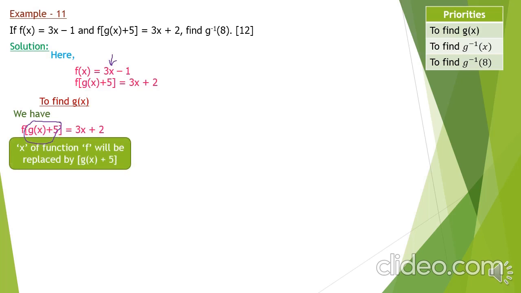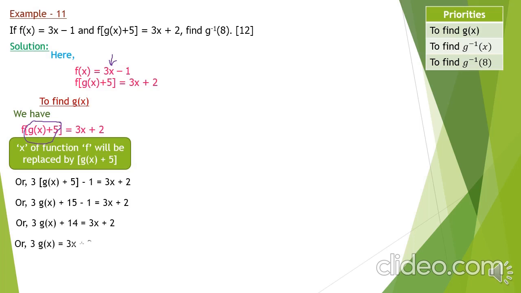Now 3 bracket gx plus 5, minus 1, is equal to 3x plus 2. Now you have to understand this part very well. On multiplication, 3gx plus 15 minus 1 is equal to 3x plus 2. We have to make gx alone, so 3gx plus 14 is equal to 3x plus 2.